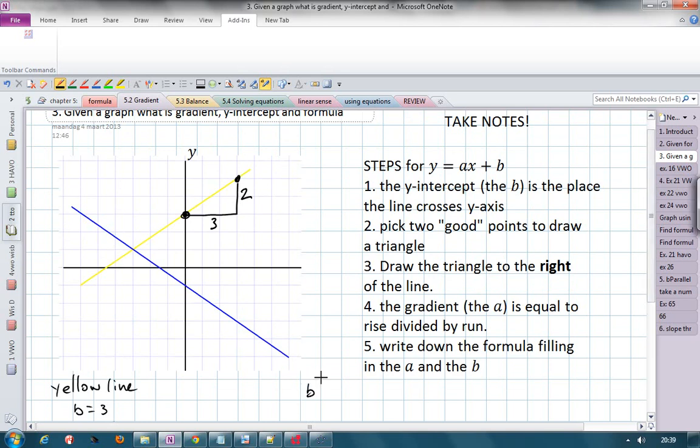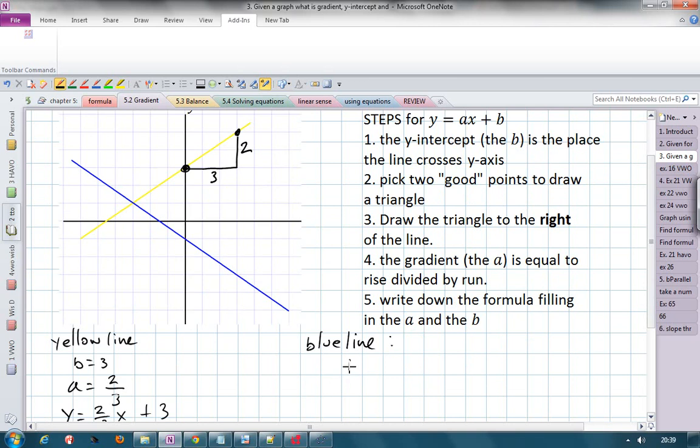All right, I'll do the same thing for the blue line. I'm going to say then the B is, again, the place where it crosses the y-axis. This is the B, so the B is -1.